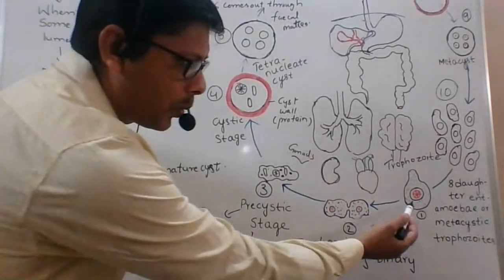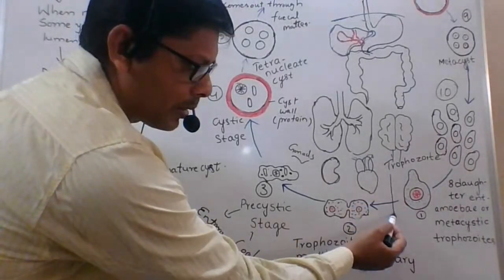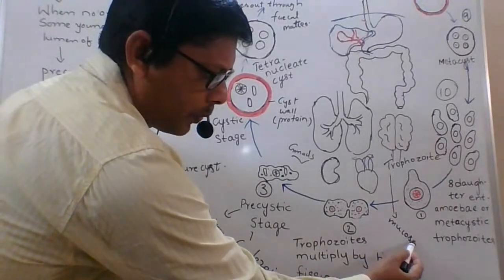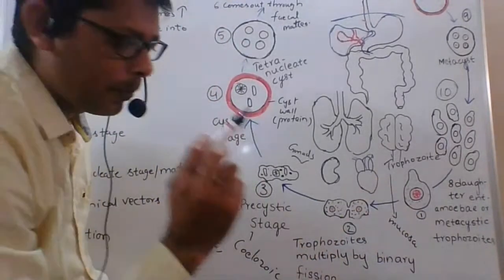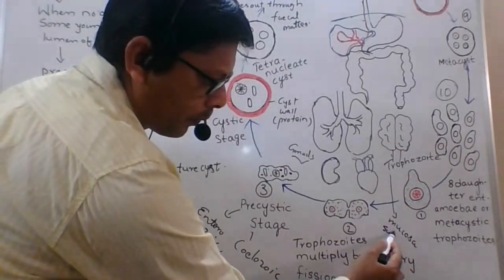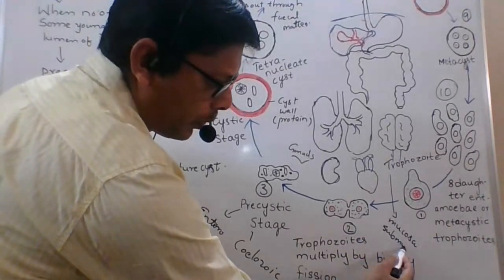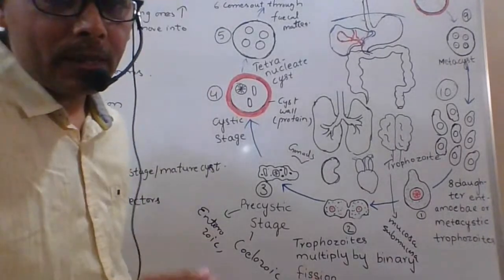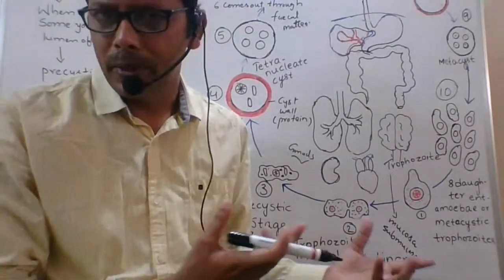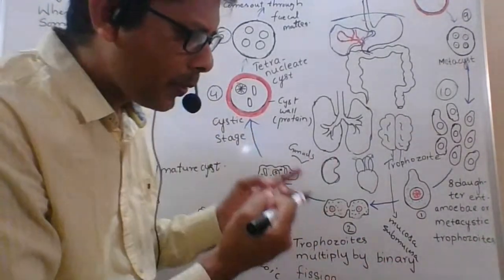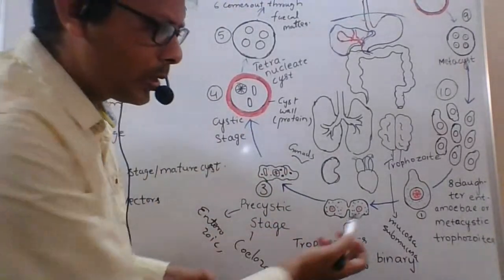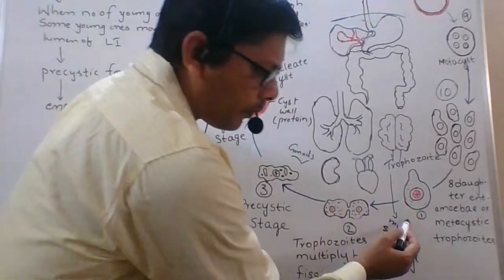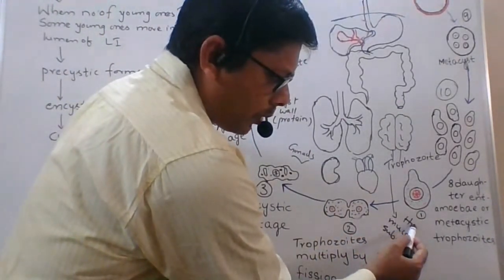But unlike that, the trophozoite stage lives in mucosa and submucosa. Mucosa and submucosa are made up of tissues. As it is living in tissues, it is histozoic. The trophozoite stage is histozoic.